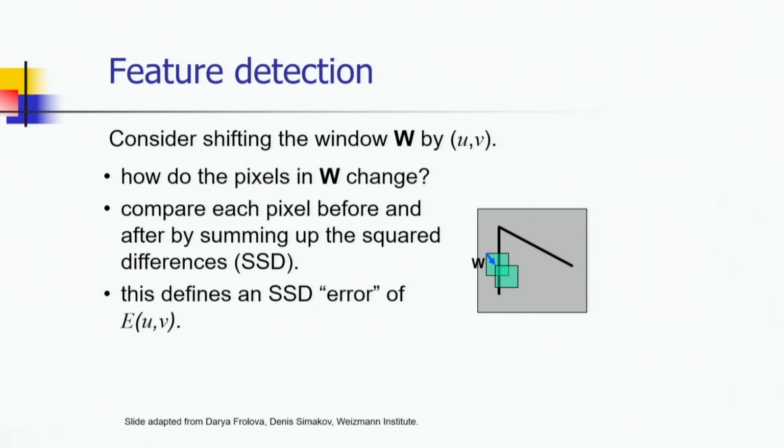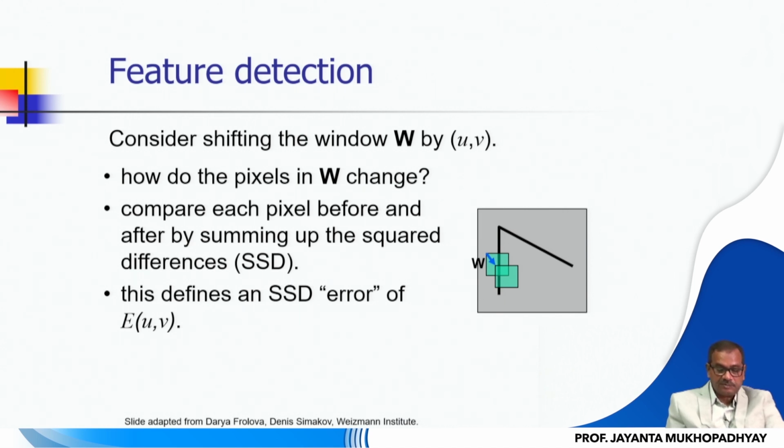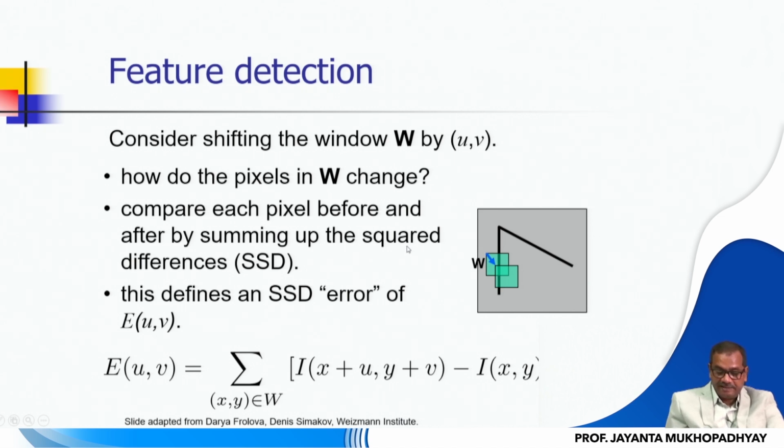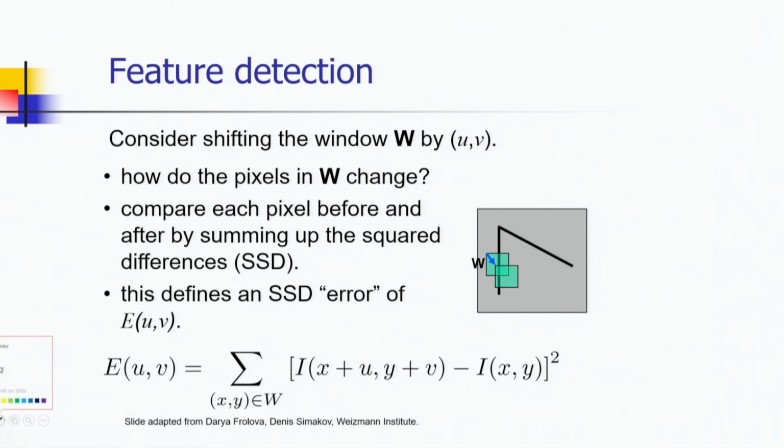As I was mentioning, we define this error as the sum of squared differences, and this is given by this expression. This is the error in the direction u and v. Let us first try to understand how this value is going to change with u and v.